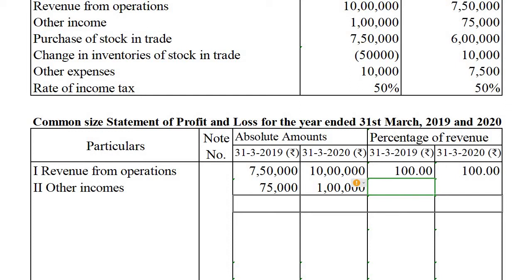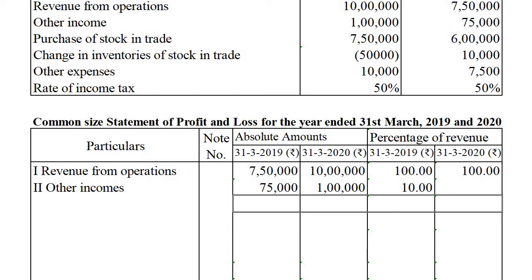Each item will be compared with the revenue from operation. So here the item is other income 75,000, 75,000 divided by 7,50,000 into 100. How much will we get? 10%. Once again, 75,000 divided by 7,50,000 into 100.